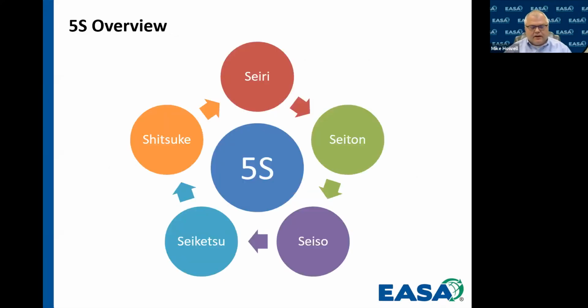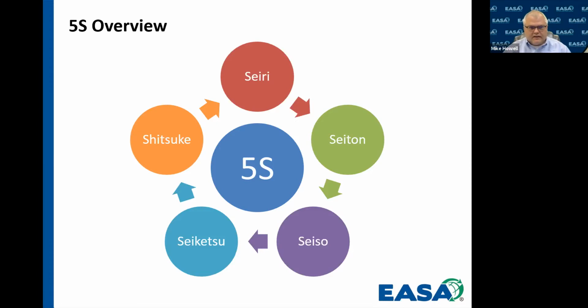Now, when this process was first started, these 5S terms being Japanese, the process starts up here. This is Seiri, Seiton, Seiso, Seiketsu, and Shitsuke. Didn't take long to figure out that not many people here speak Japanese fluently.